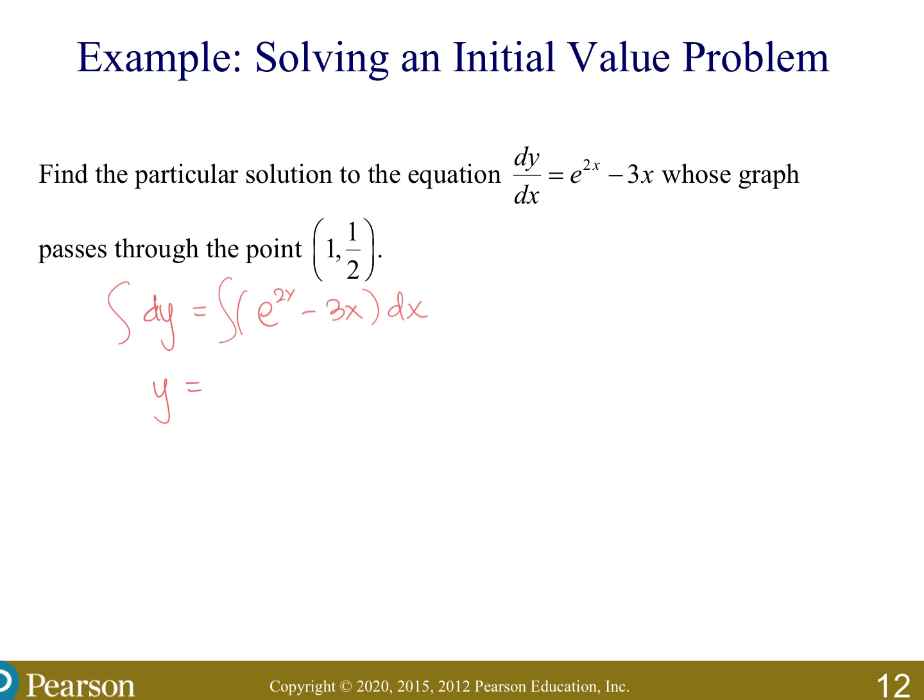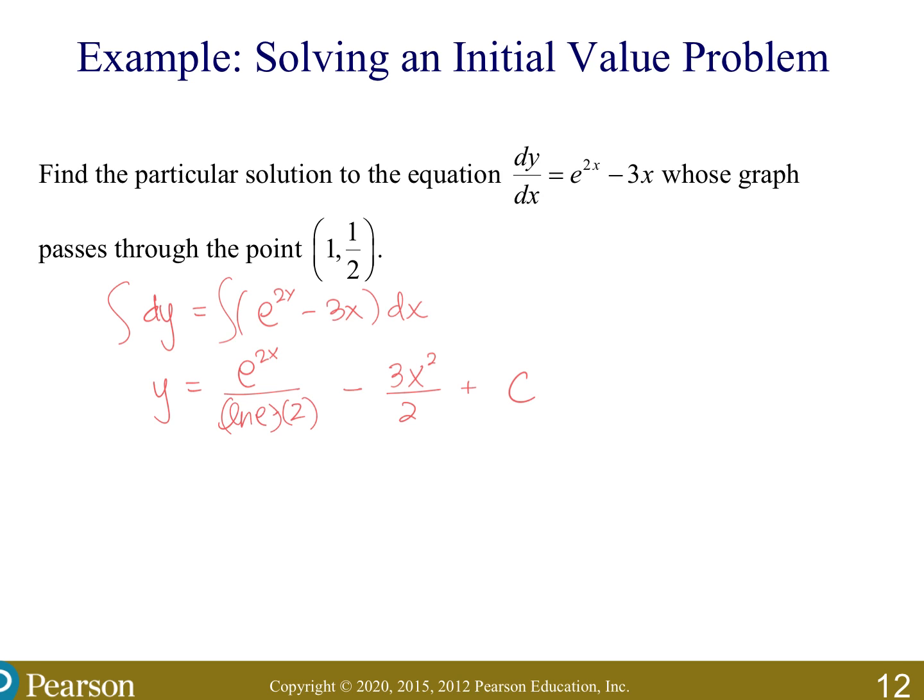So y is going to be equal to, so the antiderivative of e to the 2x is e to the 2x divided by two things. It's divided by the natural log, it's also divided by 2. And then minus 3x, that'll be 3x raised to the second divided by 2 plus c.